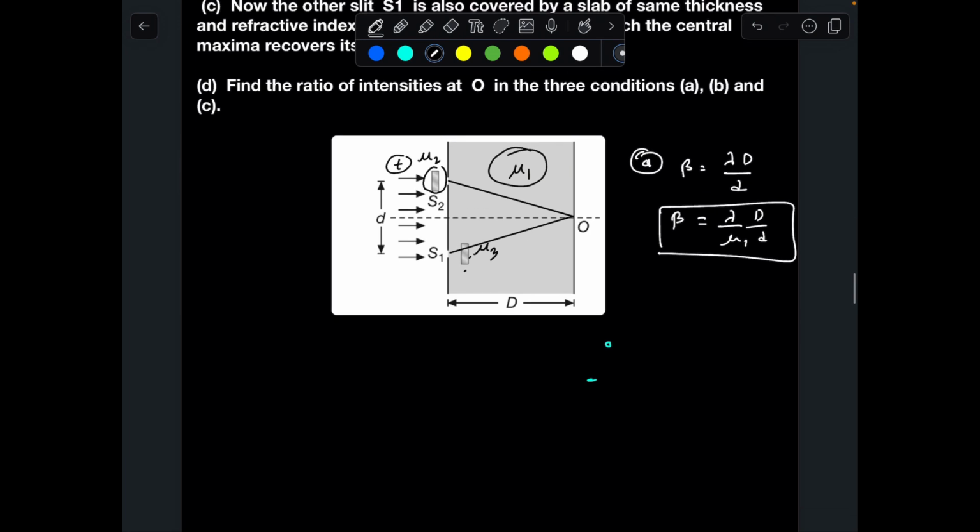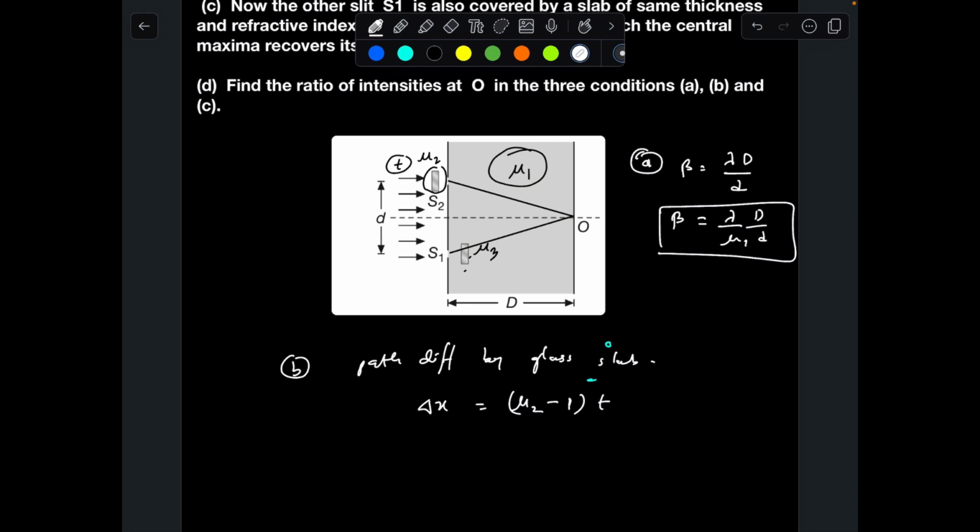Now, what is the path difference introduced by the glass slab? The path difference delta x will be (mu2 minus 1) into t.